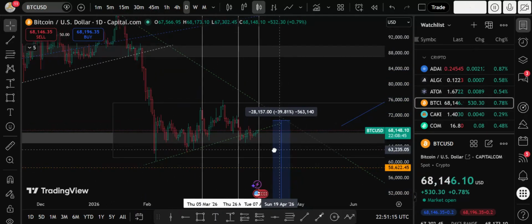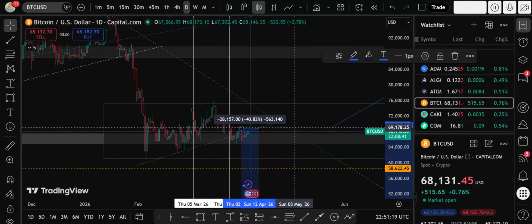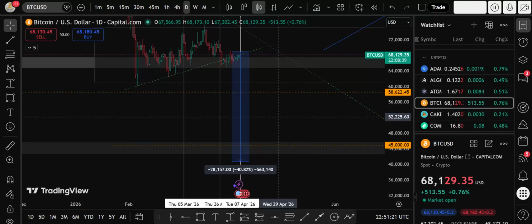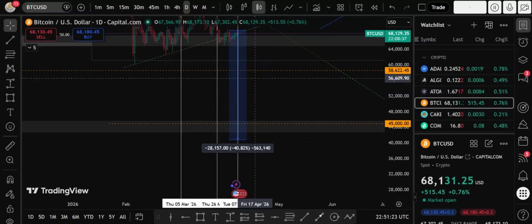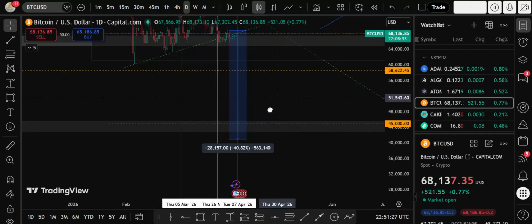As you can see, guys, TP1, TP2 will be hit if it goes our way.